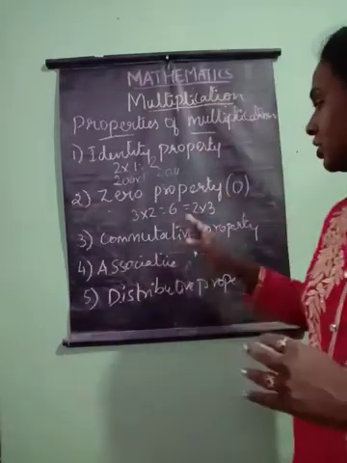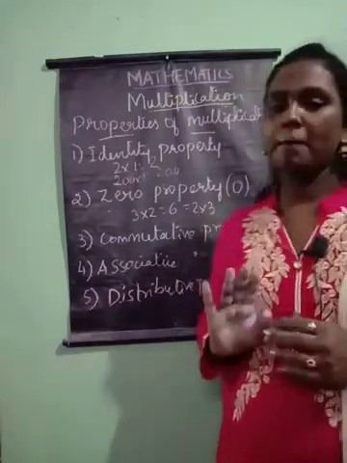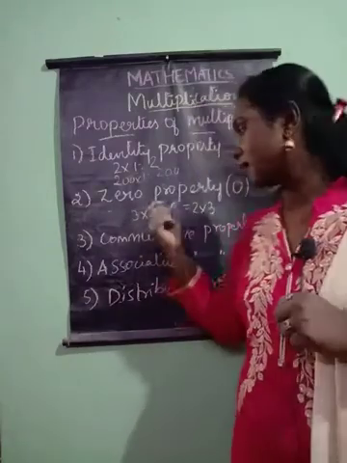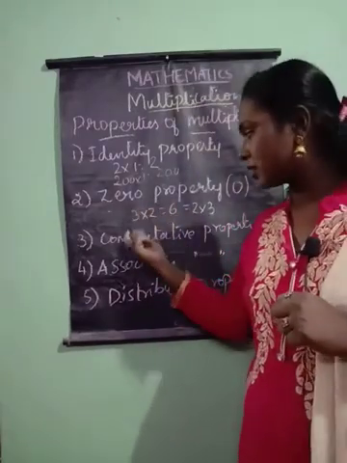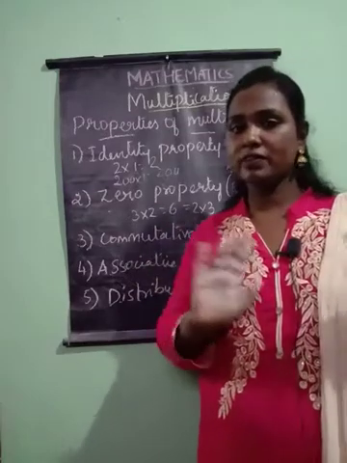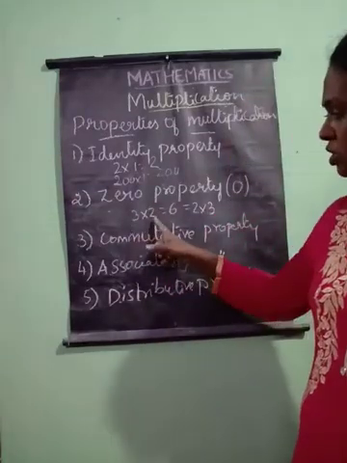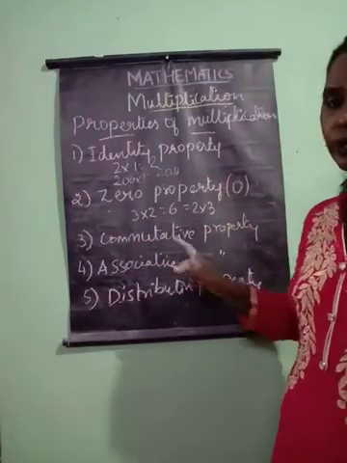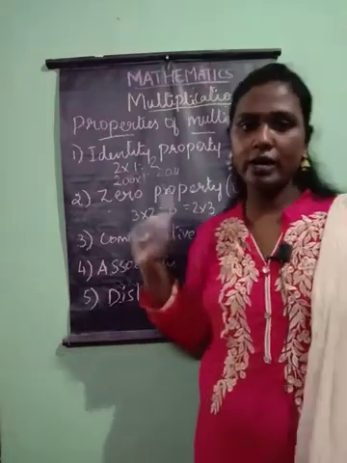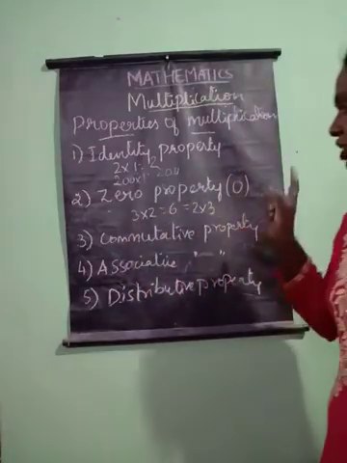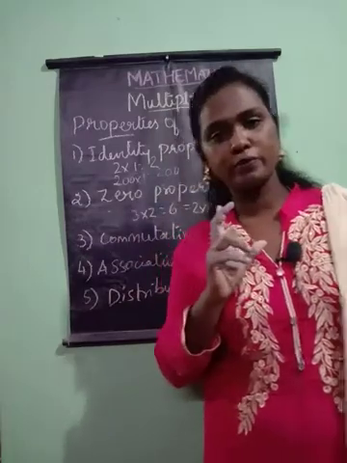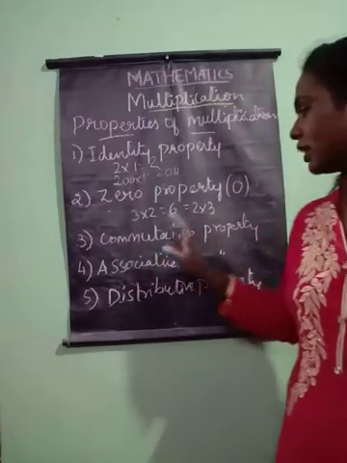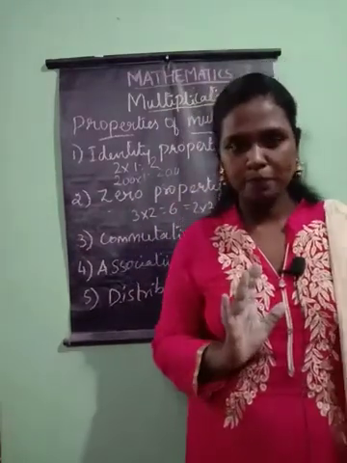If you interchange the places of the numbers, you will also get the same answer. The numbers should be the same, not different. If I take 3 into 2, I should take 2 into 3, not 2 into 4. So if you interchange the places of the numbers, you will get the same answer. This is what the commutative property explains to us.